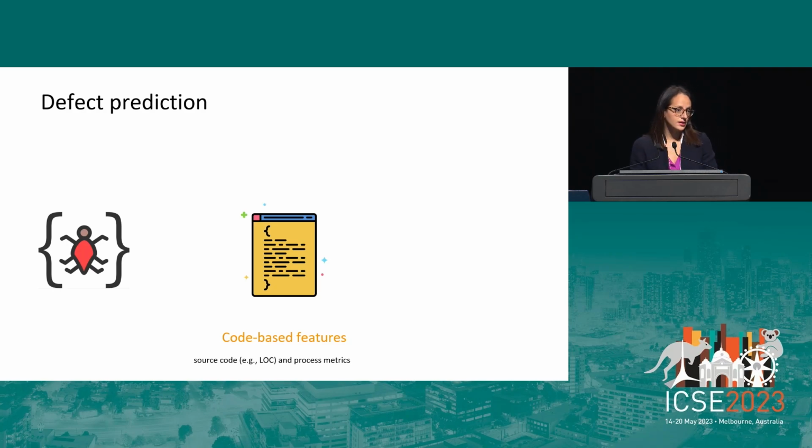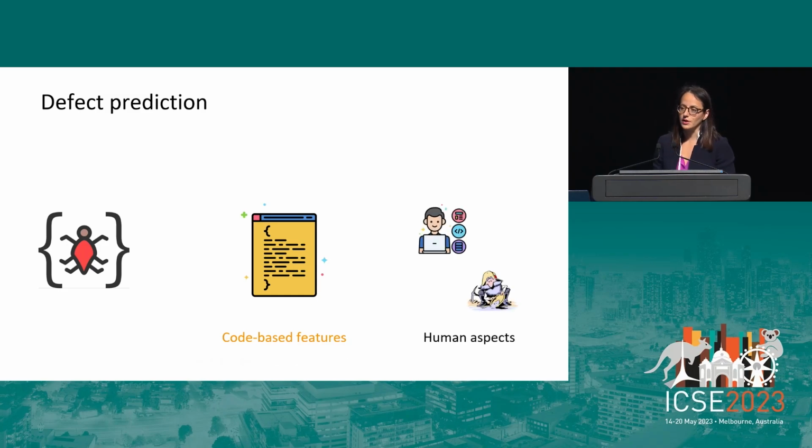In a recent study, some effort has been made to incorporate information about the human aspects, what developers actually do, their aspects related to communication, which can be mined, for example, from software repositories and developer communication traces as well.